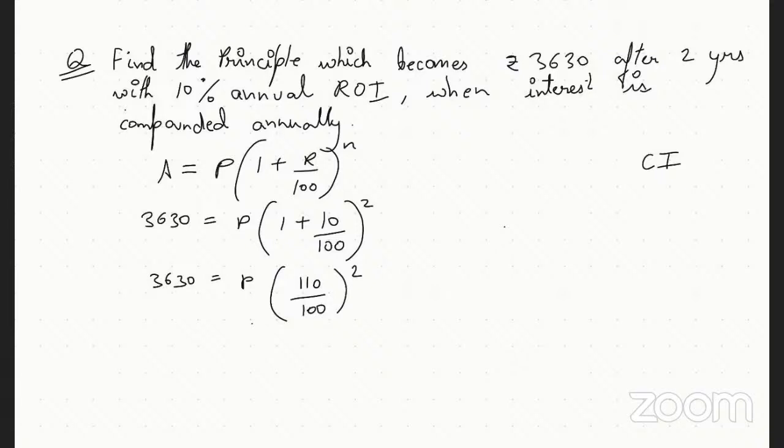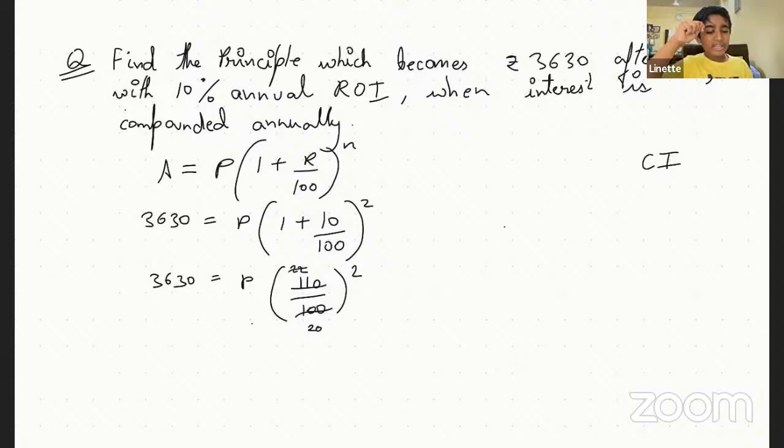Now 110 and 100 can be cancelled. We can cancel with 2 or with 5, or with 10. We can cancel with 10.